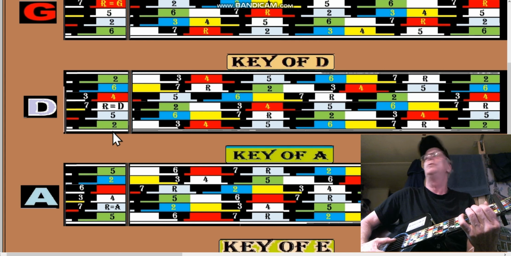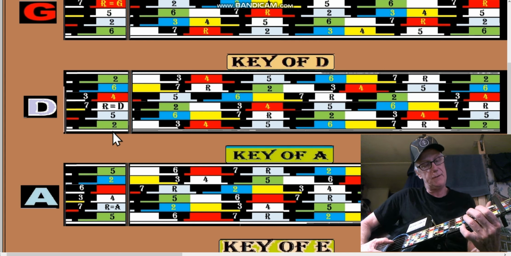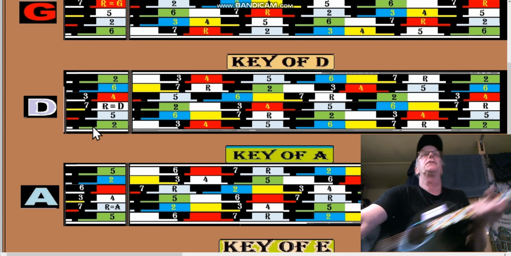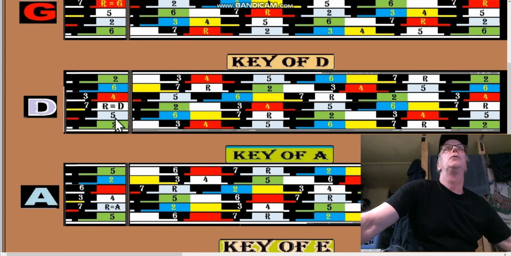So, wow, it's really windy out there. We're going to use an S3L here. 5, 6, 7, root 2, 3, 4, 5, 6. Okay, that's the S3XL right there.